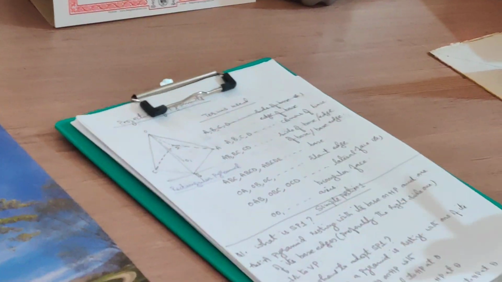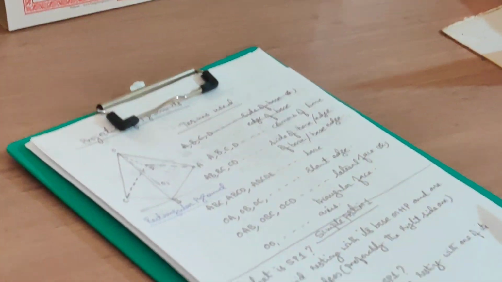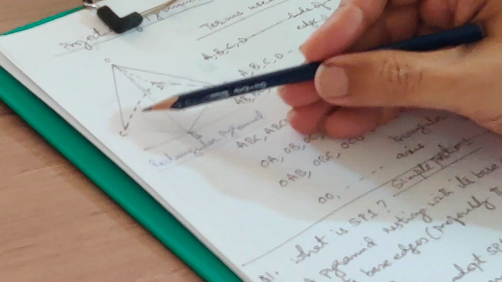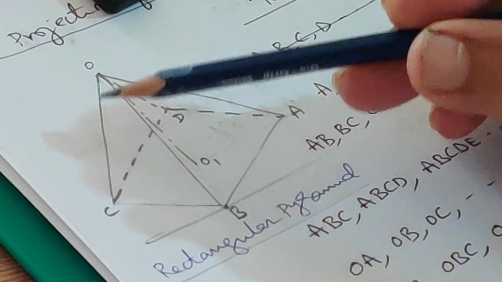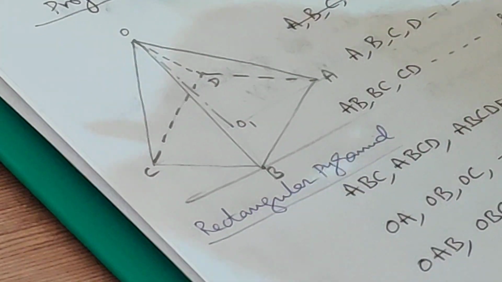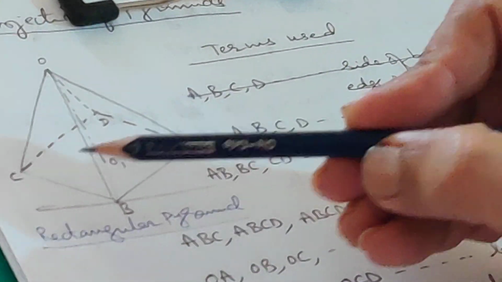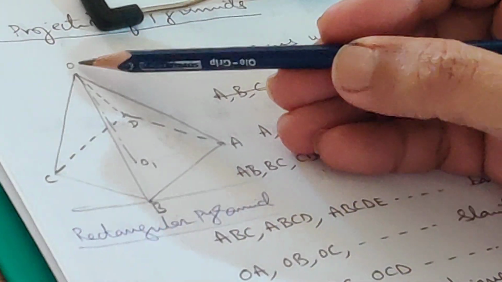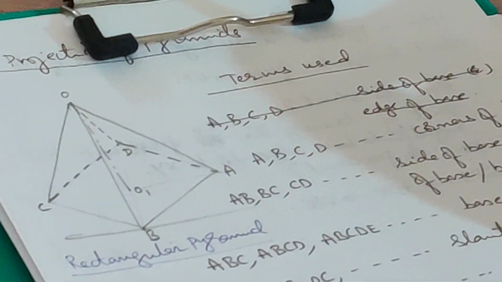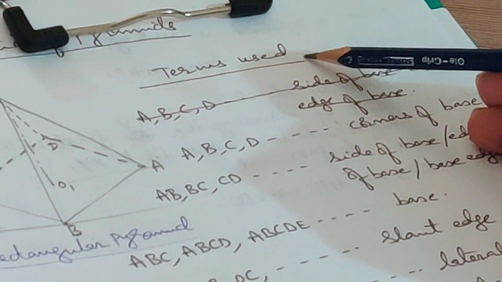Now I have taken here an example of a rectangular pyramid. The base is a rectangle. As I have mentioned already, I call the corners A, B, C, D and the apex O. Now the terms used.